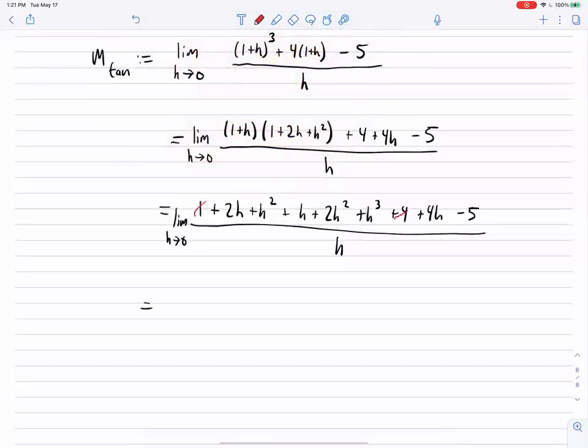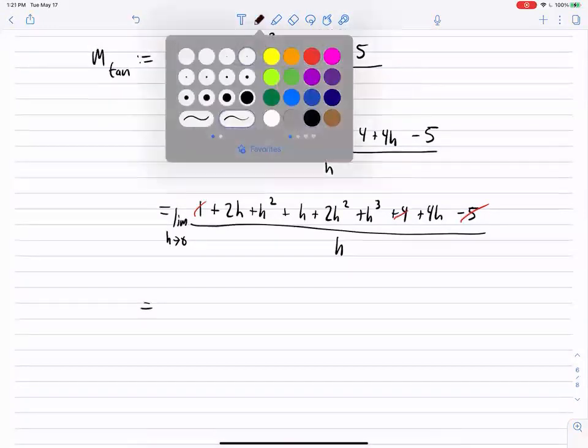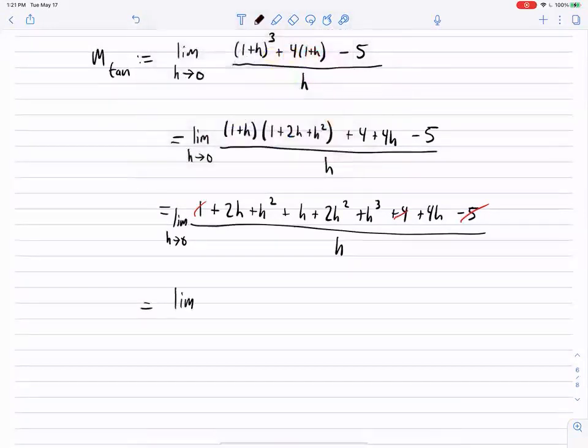The 1 will cancel with the 5, and so on. Then we should get the limit as h approaches 0 of 3h plus 3h squared plus h cubed all over h.